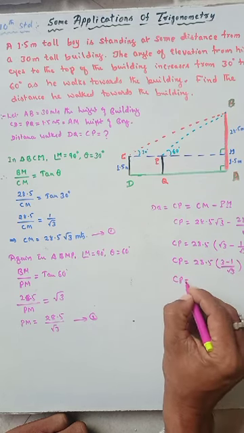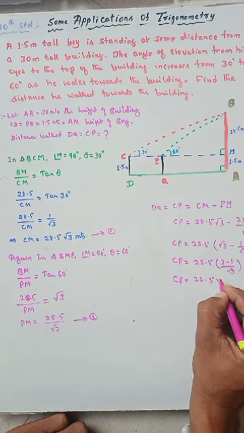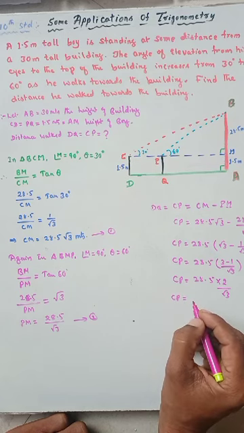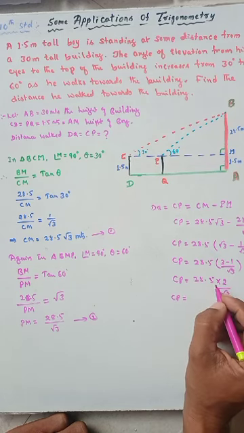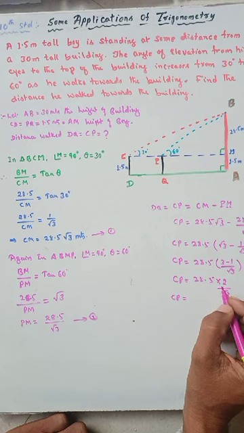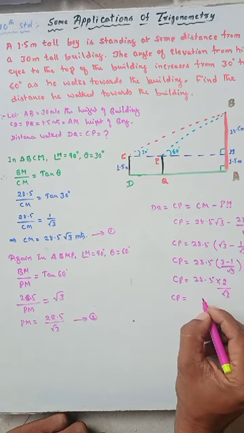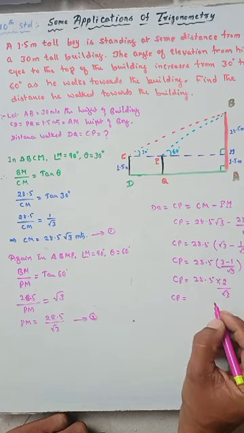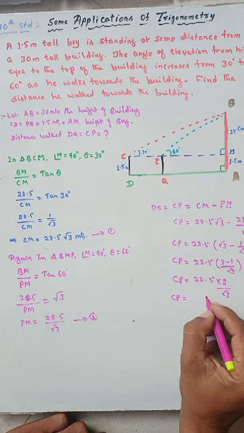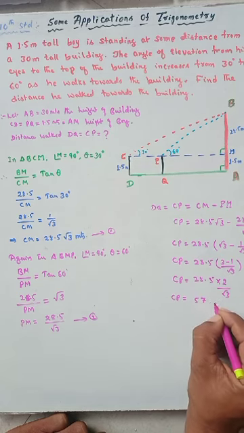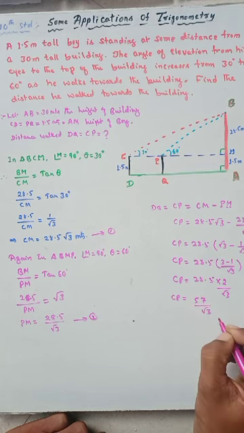So that means CP is equal to 28.5 into 2 by root 3. 28.5 into 2 is 57, so 57 by root 3 you will get.